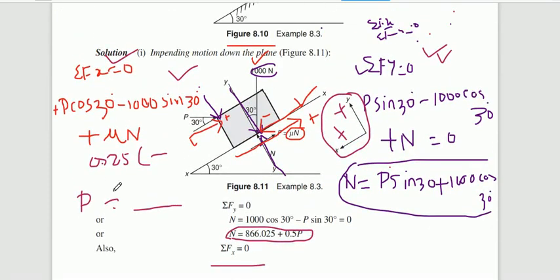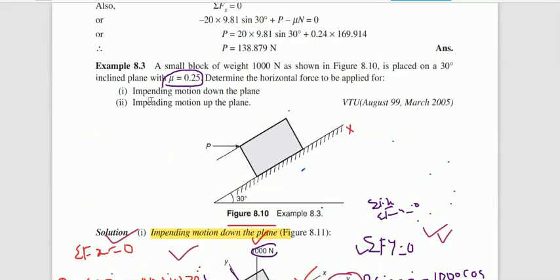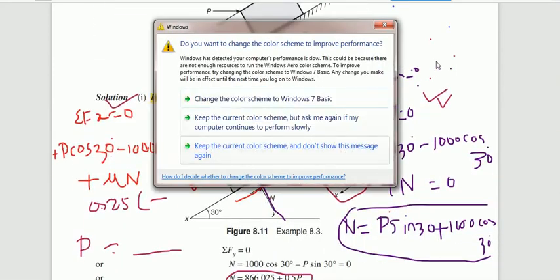So this entire problem is for which condition? Impending motion down the plane, which means the block is moving downward. Then this is the solution. And if the block is moving up, then it is impending motion up. If the block is moving up, you also have to find the values.